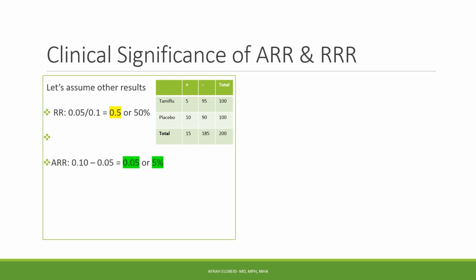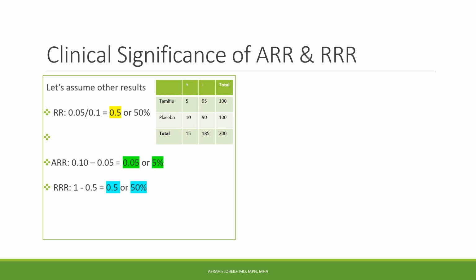And if we calculate the absolute risk reduction for this 2 by 2 table, we'll find out that it is 5%. And that's by subtracting the risk in the intervention group from the risk in the placebo group, as we just discussed. For the relative risk reduction, it will be 1 minus 0.5, which is 0.5 or 50%.